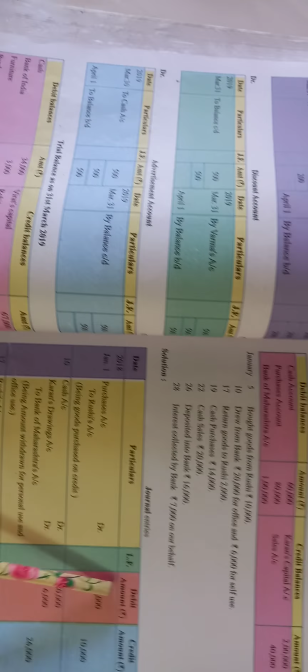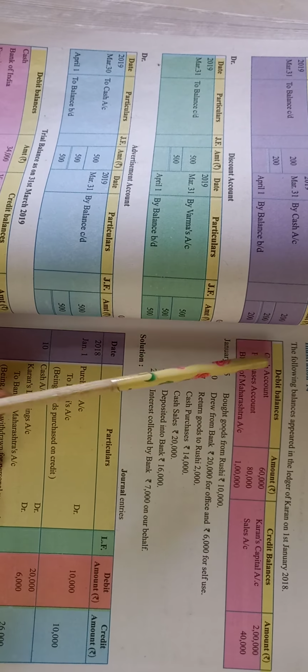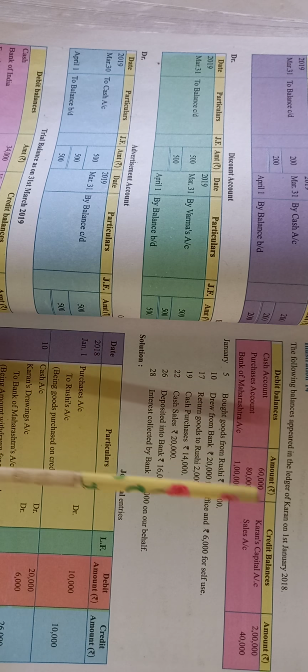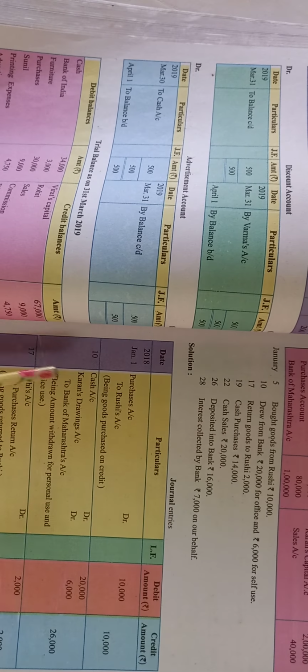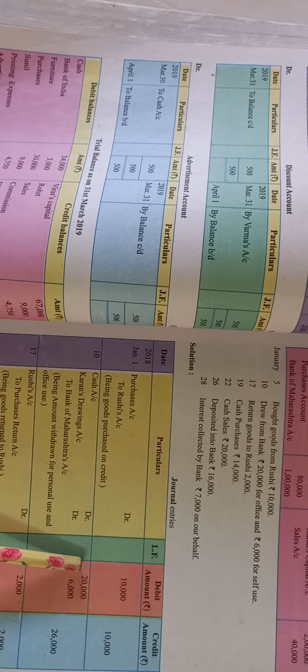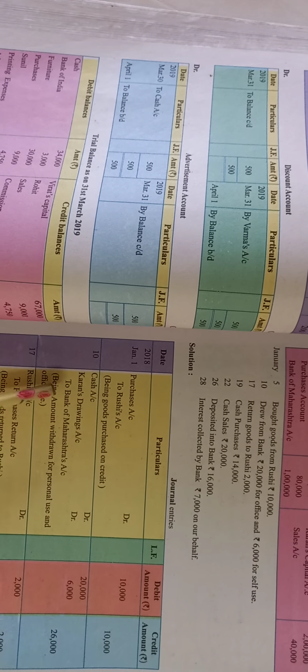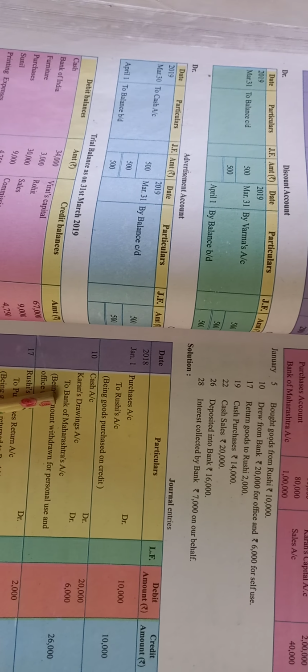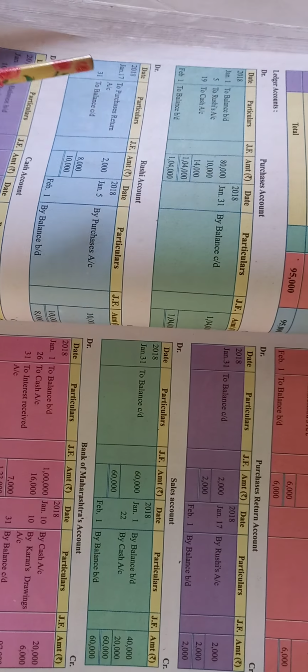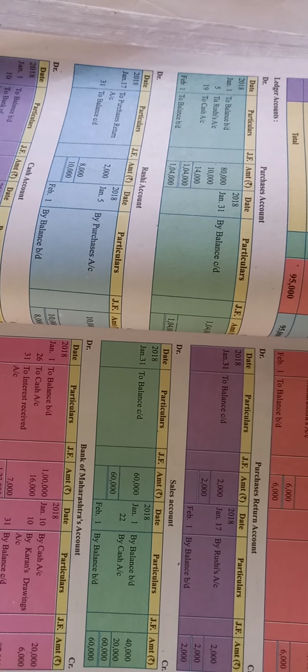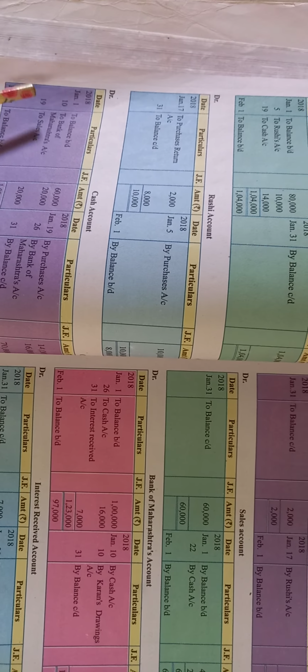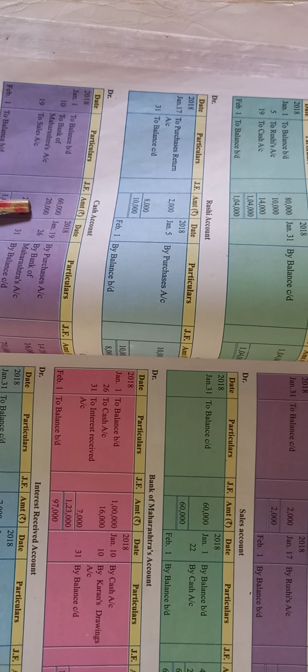Balances first we have to record, and whenever we are recording these transactions, then make a tick. Okay, cash is over, purchase account is over. Then we have to post these journal entries. Cash account debit, so in cash debit 20,000 we are writing, but opposite we are posting to Bank of Maharashtra. So in cash debit here we are posting to Bank of Maharashtra account 20,000.